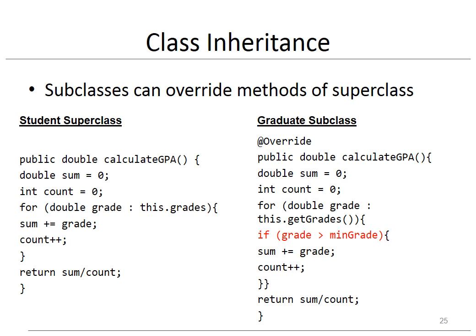To accomplish this, the graduate subclass overrides the calculate GPA method by introducing the if statement as illustrated. Note that we also added the @Override annotation to explicitly indicate that this method overrides an inherited one.